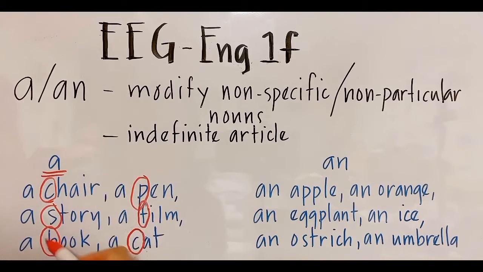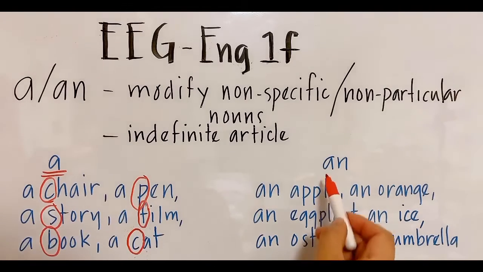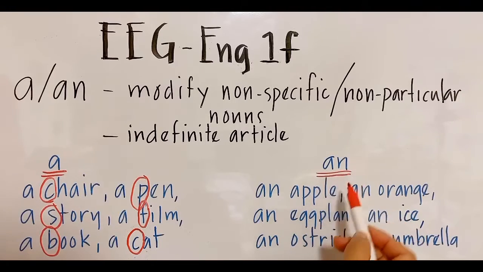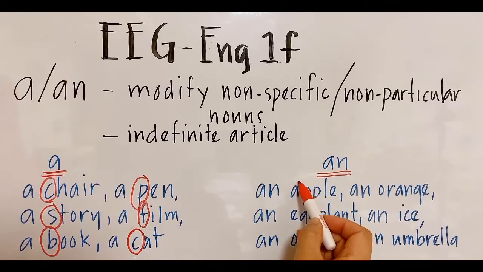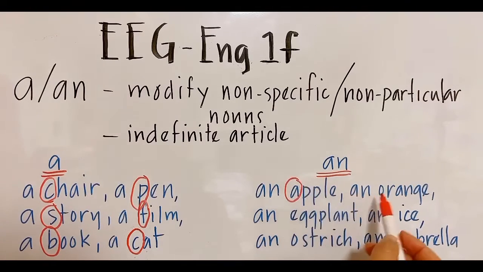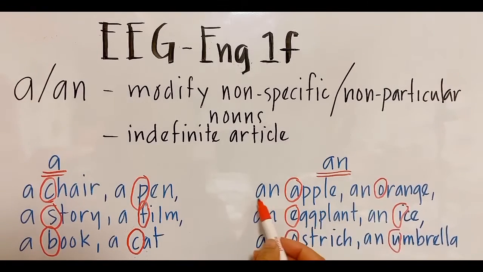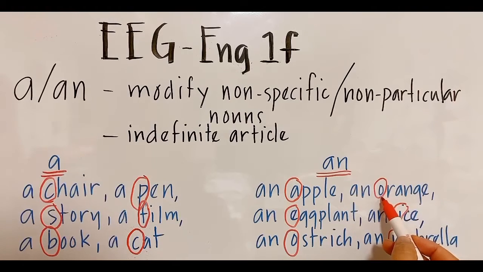Now we use an when the word after an starts with a vowel. That's why an apple, apple starts with a vowel. An orange, orange starts with a vowel.